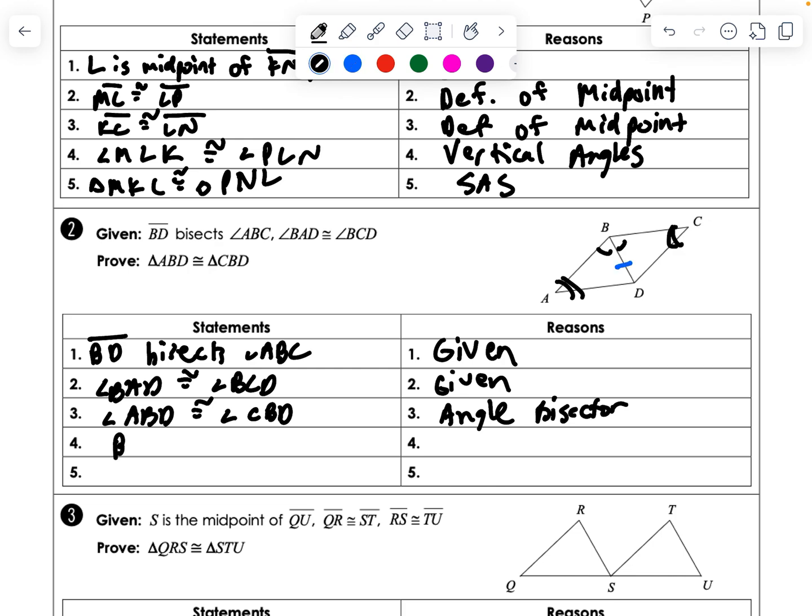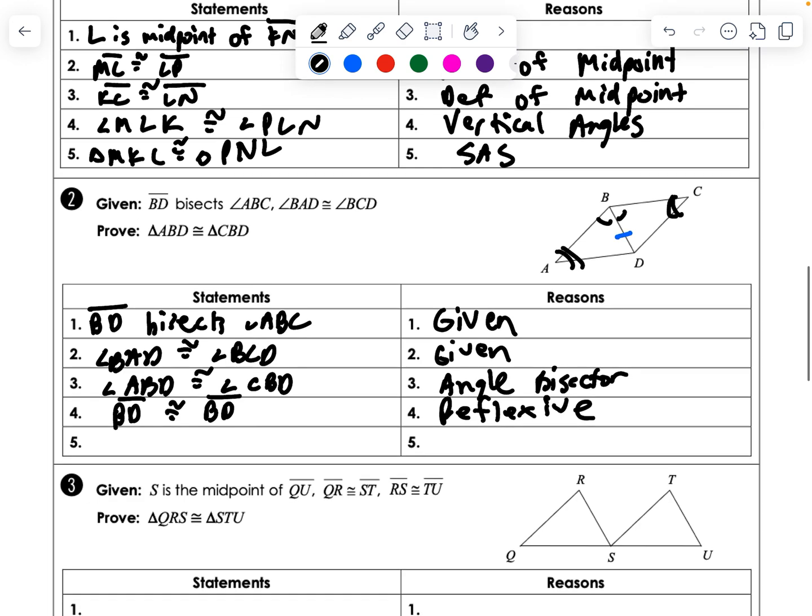So we could go BD congruent to BD by the reflexive property of congruence. And then what we have marked on our triangles, again, send a proof. ABD congruent to CBD, send a proof, angle, angle, side.